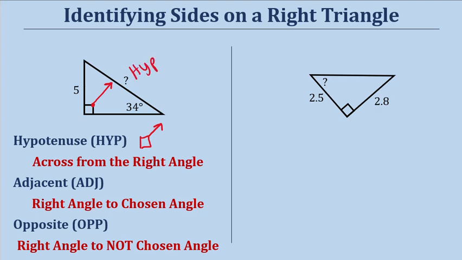And you can find that side, the hypotenuse, without any information other than the right angle. The adjacent side, however, requires a second angle to be chosen. In this case, I would choose the 34 degrees, but it is a choice. If I wanted to, I could say, nope, I don't want the 34, I want this unknown angle to be my choice.